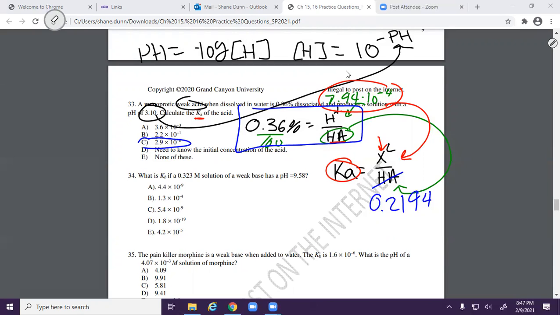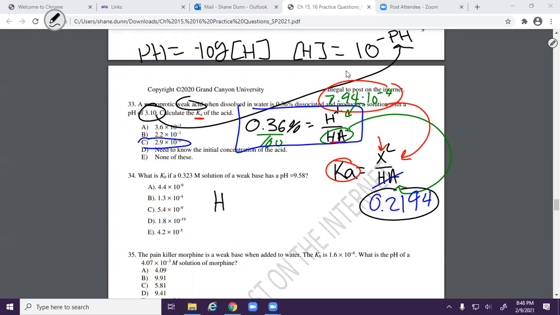So 7.9 is your amount of hydrogen, correct? That's the amount of this, yes. So 7.94 times 10 to the negative fourth squared is what? Wait, where did the 7.94 come from?